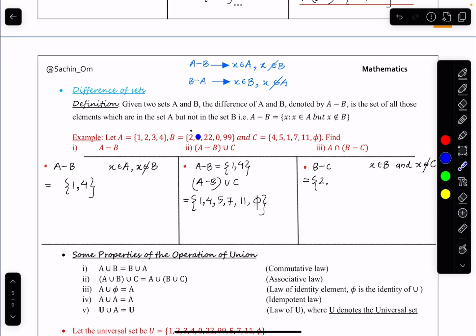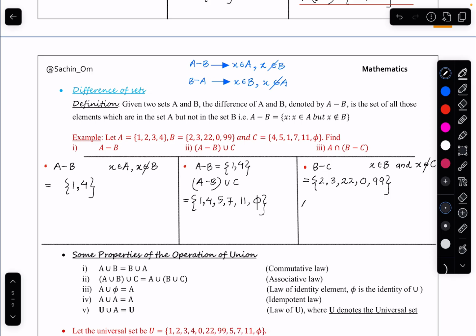The element 3 of B is not there in C. So we'll collect the element 3. 22 is not there in C either. 0 is not there in C either. 99 is not there in C as well. So this is what B minus C is going to be.